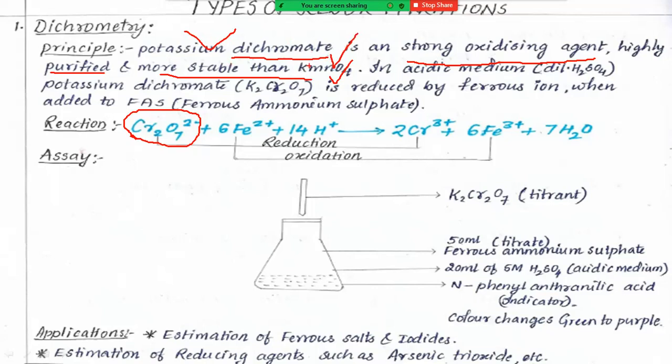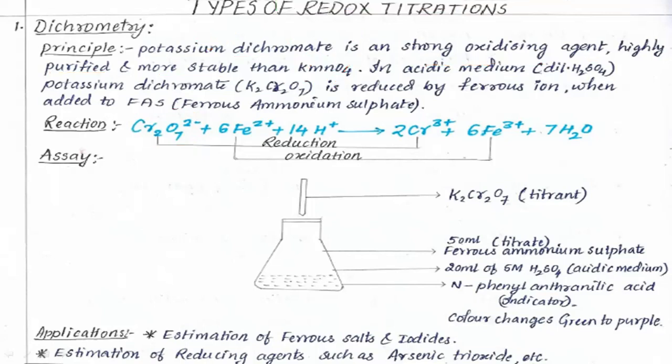Because potassium permanganate produces a higher reduction potential, around plus 1.52 volts. Whereas potassium dichromate shows a little lesser reduction potential than potassium permanganate, that is plus 1.33.